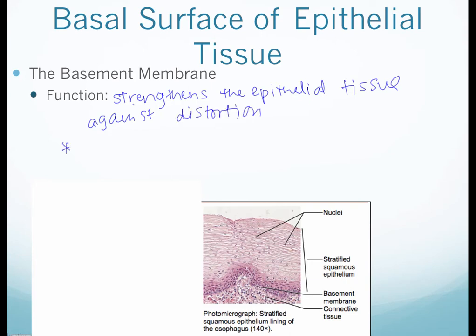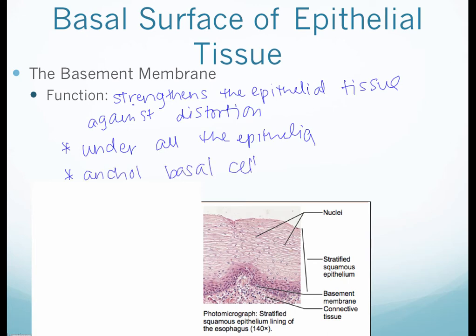Okay? It's under all the epithelia. And it helps anchor basal cells in place.